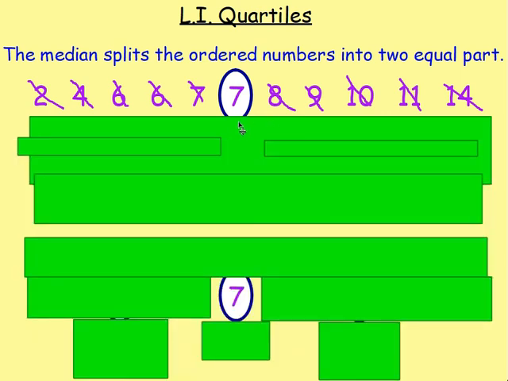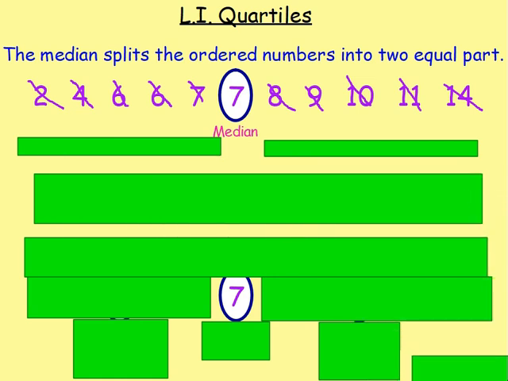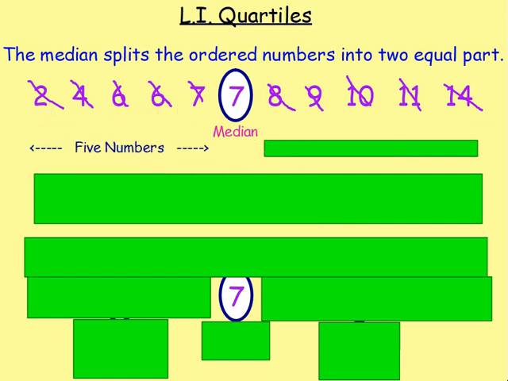Because of that, the number 7 is your median, and you already know that. But notice what we've done is we do have these equal parts. We've got 5 numbers on the left, and we've also got 5 numbers on the right. So the median splits our numbers into 2 equal parts.